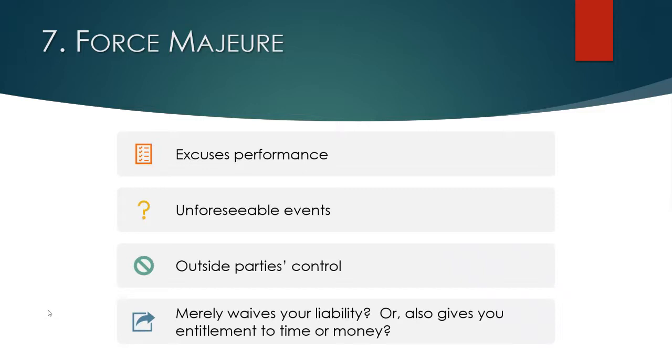You should be allowed to, at a minimum, suspend performance, get a time extension, not be responsible for delay damages. That's just at a minimum. But think through whether in addition to just waiving your liability, should you also be entitled to recover time and money that you suffer because of that force majeure event.